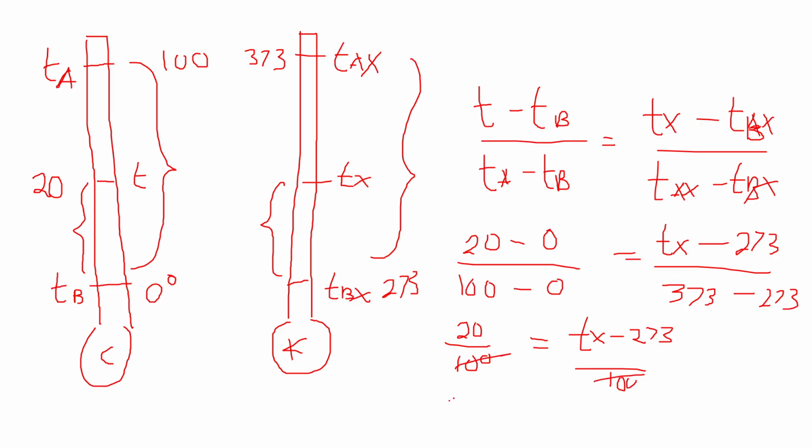You can cross this out. 20 is equal to TX minus 273. Therefore, TX is equal to 273 plus 20, which makes it 293. Wow! Banger!